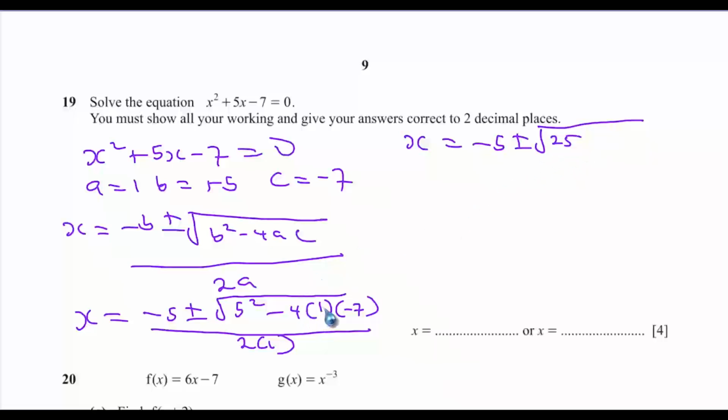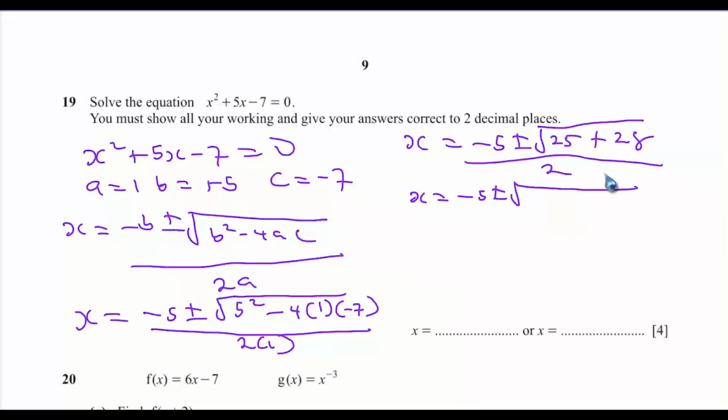Then minus 4 times 1 is minus 4. Minus 4 times minus 7, that will be plus 28, everything out of 2. Okay, so we can now have x equals minus 5 plus or minus square root of, if you add 25 to 28, so you get 53, then everything over 2.